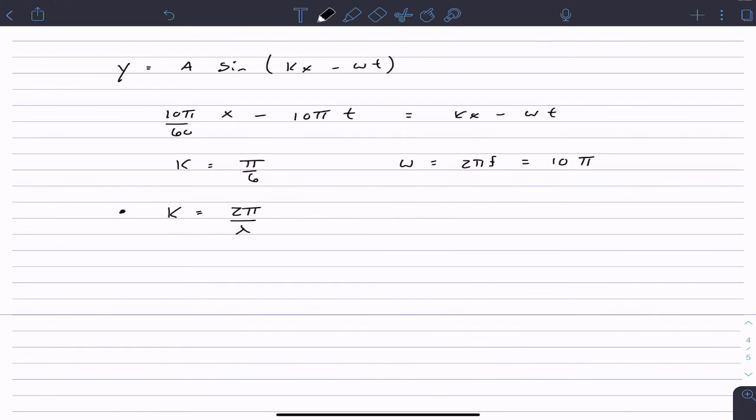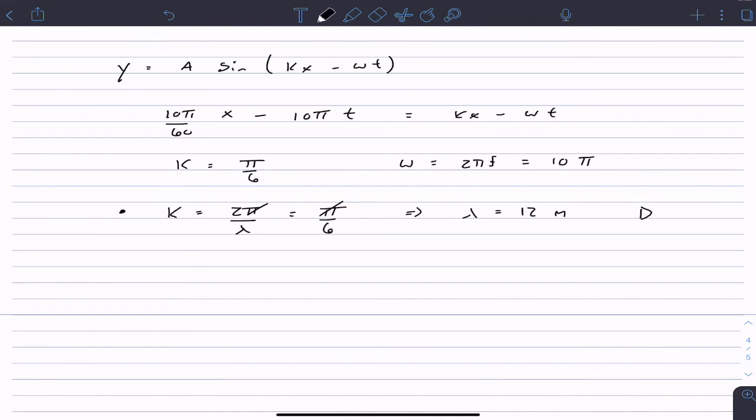This is the basic identity that we have. And so that's also equal to pi over 6. So then we just solve for wavelength, and that's going to give us wavelength is equal to 12 meters, so d.